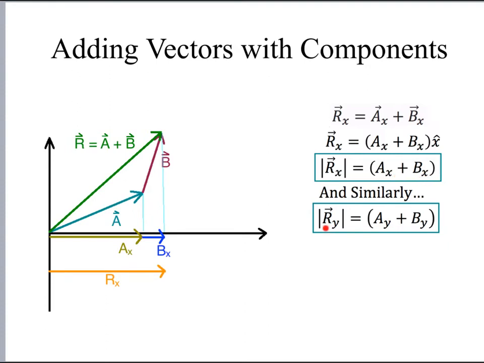Similarly, the magnitude of RY, everything vertical, would be AY plus BY. In other words, if you want to add up two vectors algebraically, you just add their components. You add their x components together and get a total x component for your answer. Then you add the y components together and get a total y component for your answer.